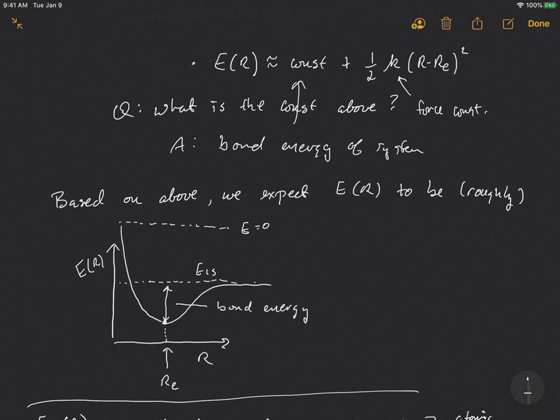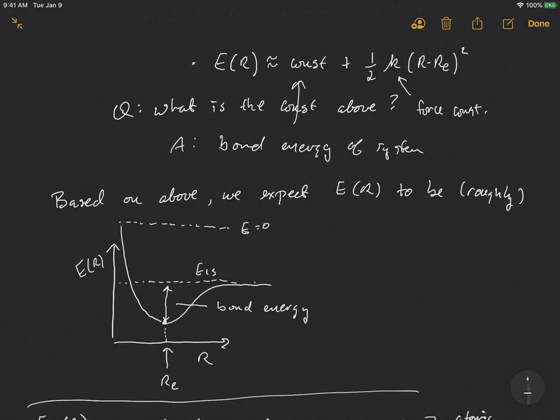We expect E of R to be this kind of curve, where at very short R, we have this strong repulsive interaction corresponding to a large value of E of R. And at long distances, we expect to get the 1s energy. So as R goes to infinity, we expect the energy of the system to asymptotically approach E1s. And then in between, we expect there to be a potential well that looks a little bit like a parabola, and that's what I've sketched here.